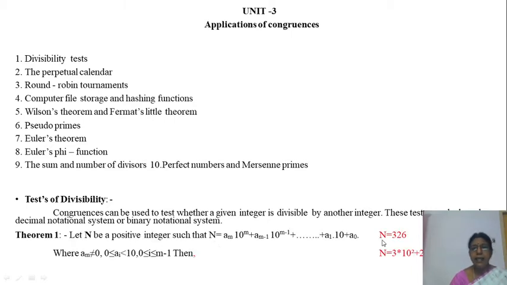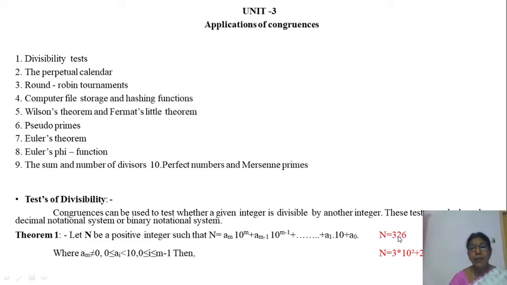See here, suppose n is equal to 326. I think all of you know how to read it. 6 is the last digit from the right.